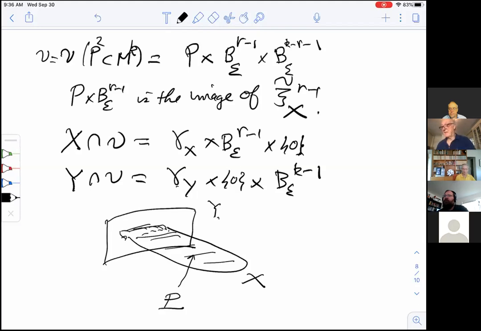And I have this normal bundle, which in this case is a normal thickening, which in this case is vertical.